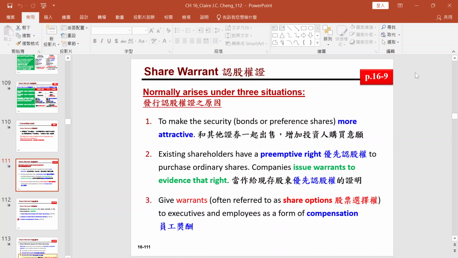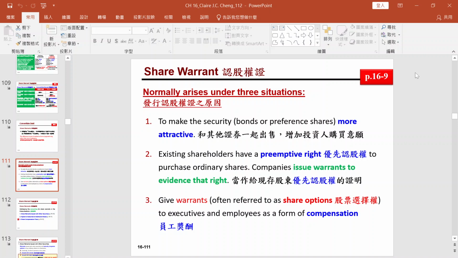What's the second reason? Preemptive right, 认股权证 in order to protect existing shareholders. So your company issues share warrants as evidence. What kind of evidence? Evidence of preemptive right.